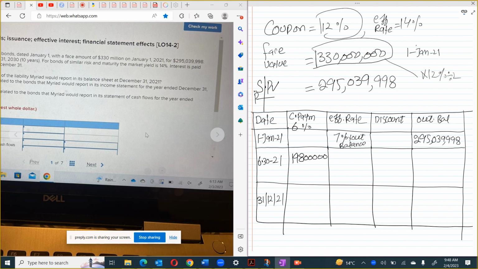So interest expense is 17837, cash interest is 14,800, and the discount is 3037. So we will debit interest expense, we will credit the discount, and we will credit the cash interest. Remember, this is double entry, and you have to memorize all these things. First of all, we will debit the interest expense.